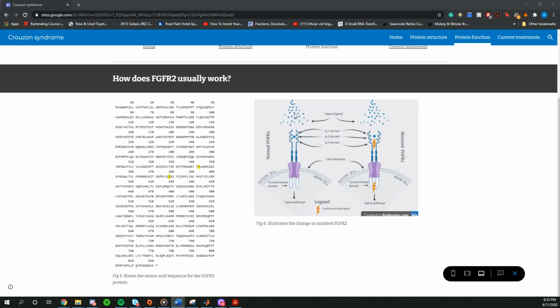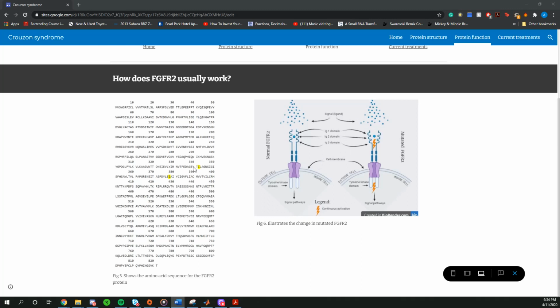Here on the top we have our signals, our fibroblast growth factor, which acts as a signal, or a ligand as we can call it, that approaches the receptor and is then activated, which causes intracellular signalling pathways to occur, leading to proliferation, cell death, and a number of other outcomes that we stated in our previous pages.